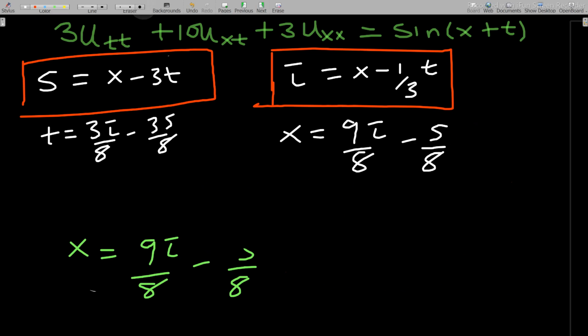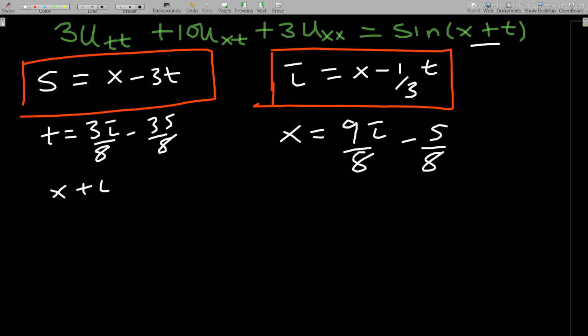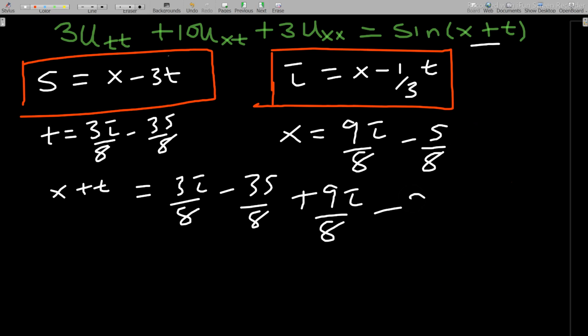So we keep these, and then let's find x plus tau, or s plus t, sorry, in this equation. So s plus t is now equal to 3 tau over 8 minus 3s over 8 plus 9 tau over 8 minus s over 8. And if you go through the computation very well, this will simply give me 3 over 2 tau minus 1 over 2s.